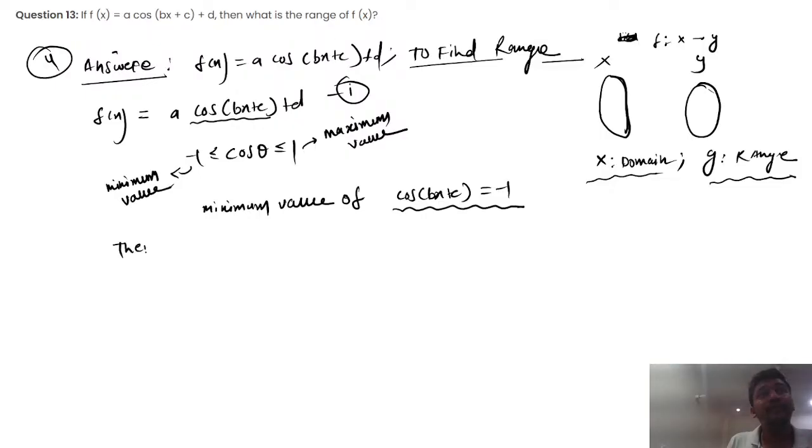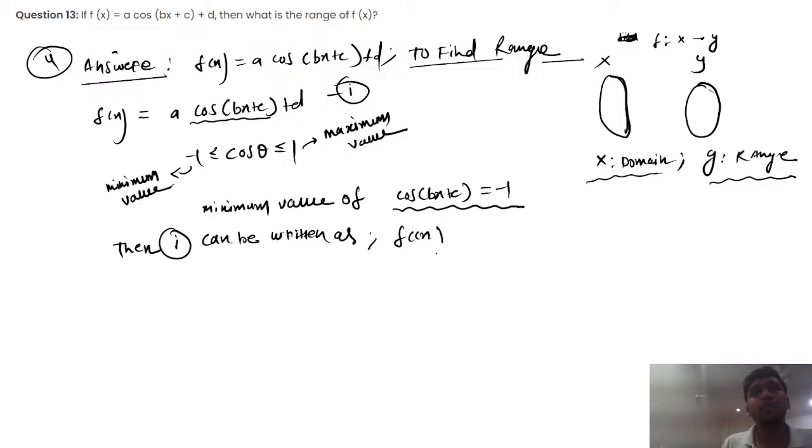Then 1 can be written as, how can this be written? This can be written as f(x) equals minus a plus d, which is again d minus a.